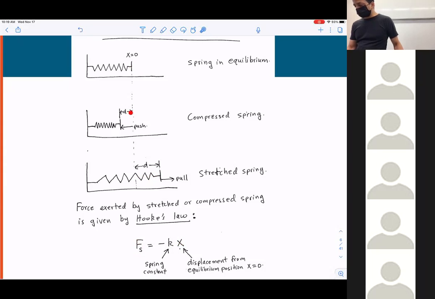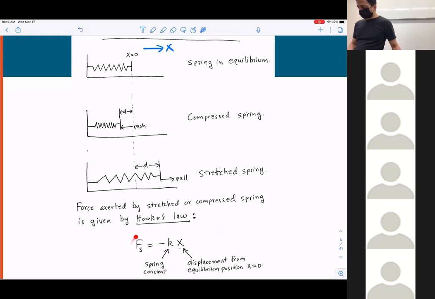And if I compress it by this amount d, then x will be minus d, right? Let's assume again that the positive x direction is to the right. Then if I stretch it this way, I've stretched it by an amount plus d. And if I push it this way, then the new x coordinate here is x equals minus d.